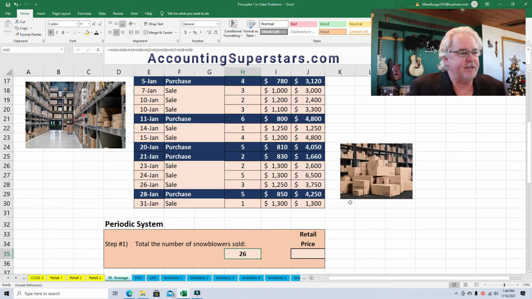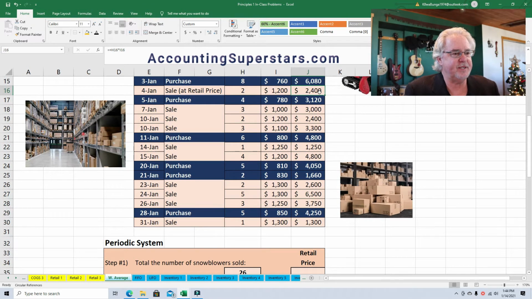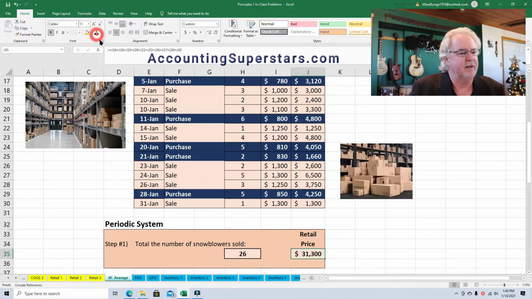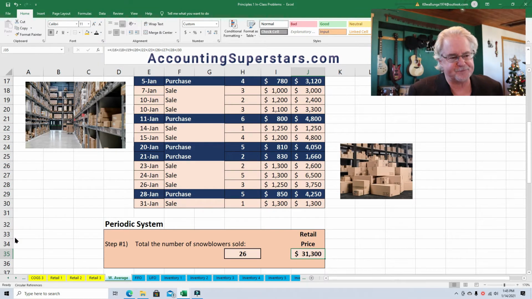For the retail price, we do the same thing: $2,400 in retail sales plus $3,000 plus another $2,400 plus $3,300 and so on and so forth. Just add up the numbers highlighted in the pink salmon color, and the grand total sales is $31,300. These are at retail prices.